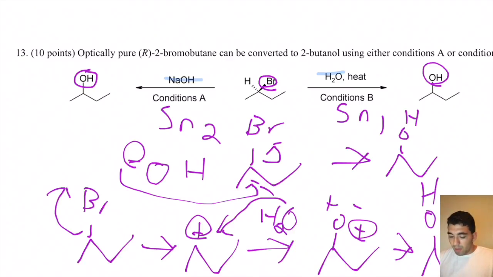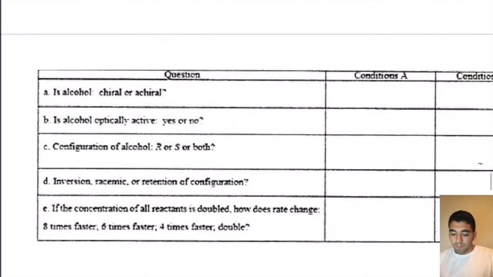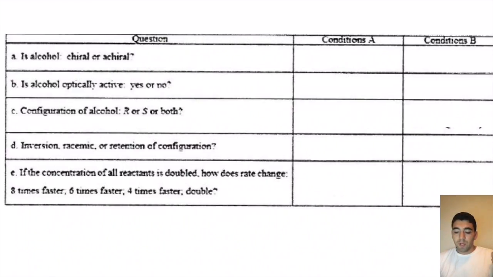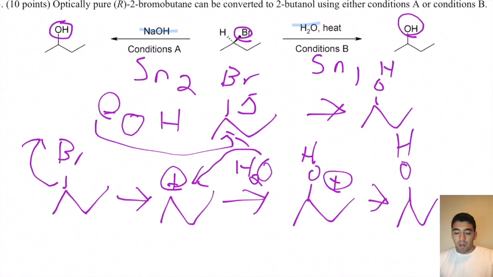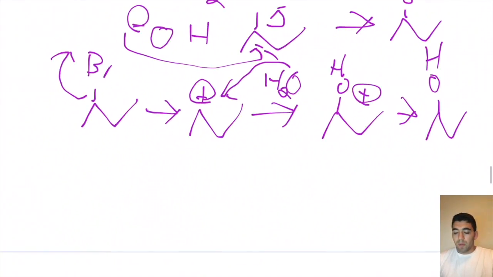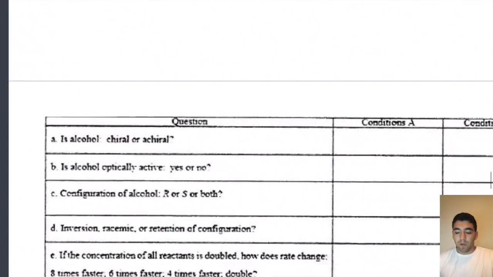Of course, we should know the main differences between these, and that's what we're going to be asked about. So this table was on the answer sheet, and it's asking us, first off, is the new alcohol chiral or achiral? They're the same thing, so we know that they're both going to be either one or the other, and since we're looking at these, we know that they're both chiral because they're attached to 4 different groups.